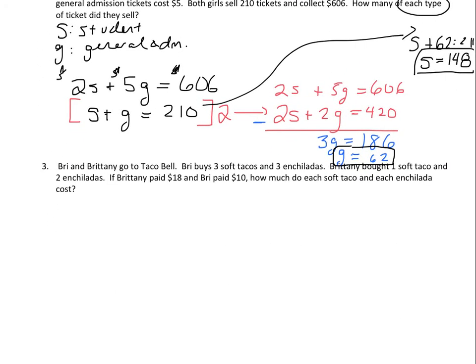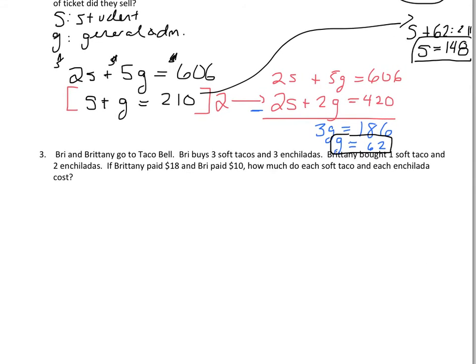Alright, number 3, Bree and Brittany go to Taco Bell. Bree buys 3 soft tacos and 3 enchiladas. Brittany bought 1 soft taco and 2 enchiladas. If Brittany paid $18 and Bree paid only $10, that seems wrong to me.